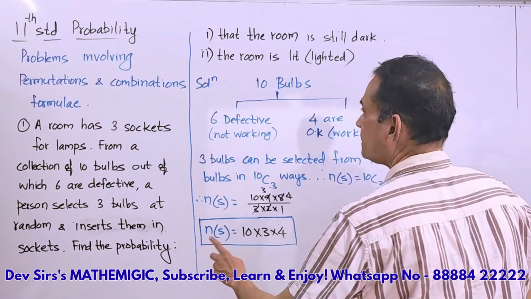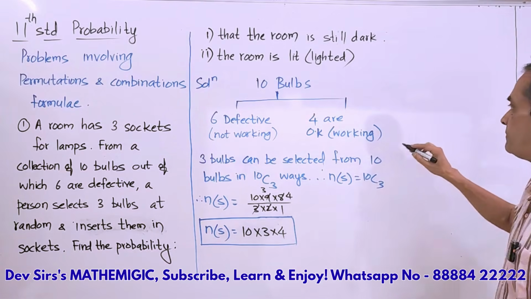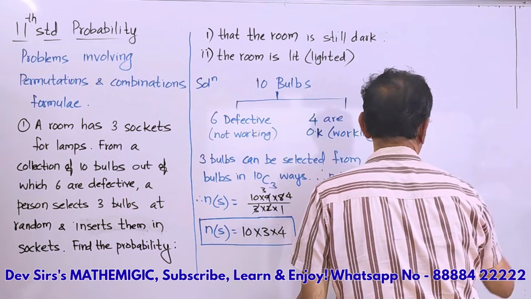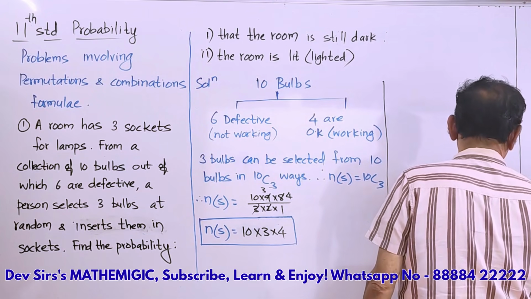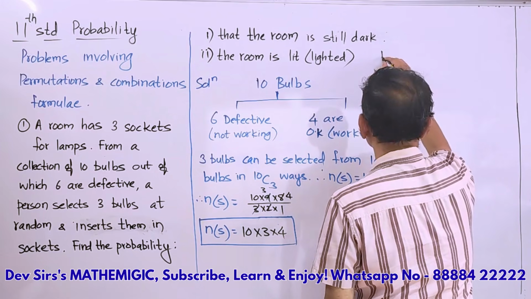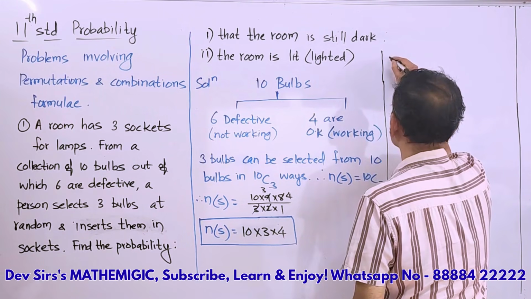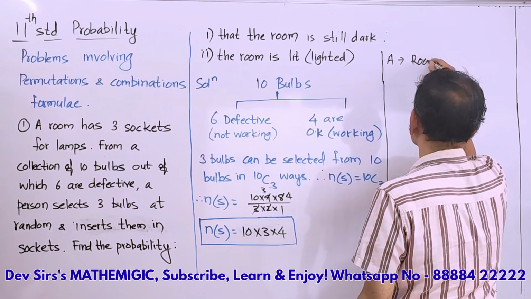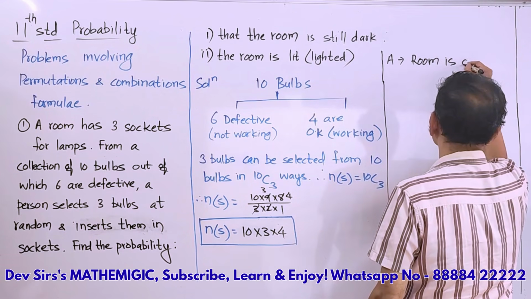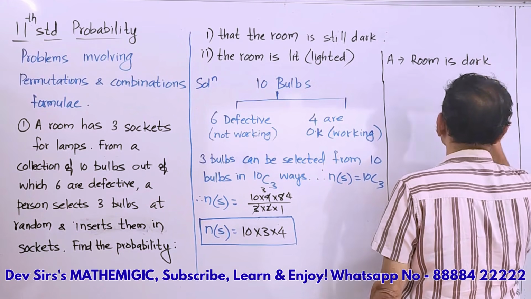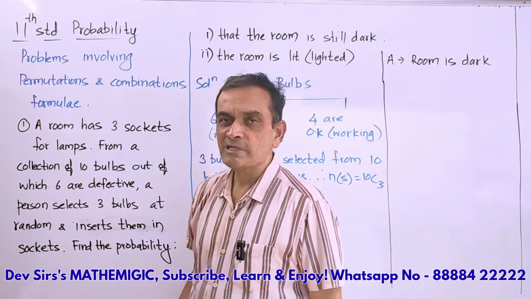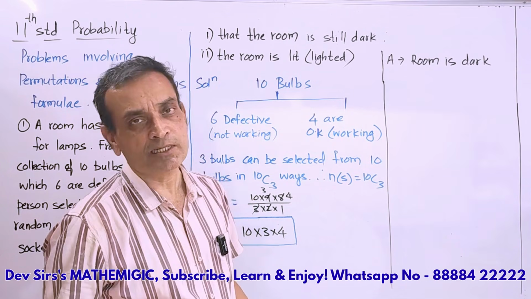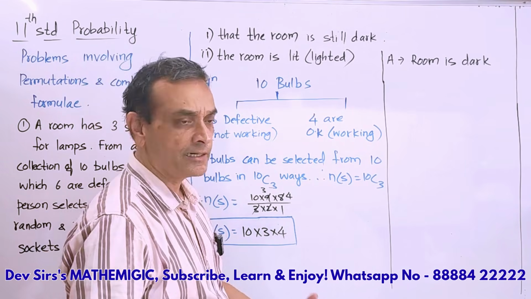Now event A, room is dark. Obviously, room is dark means all three bulbs are defective. By chance तीनों bulb defective बैग में से निकल गए.